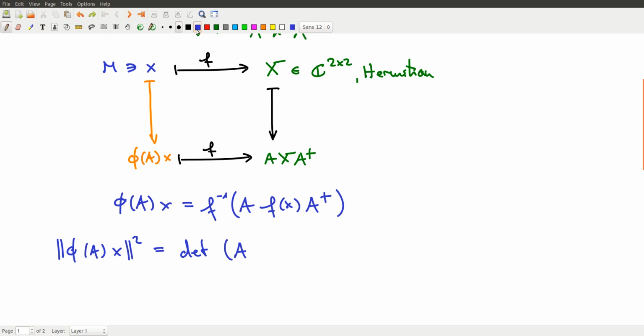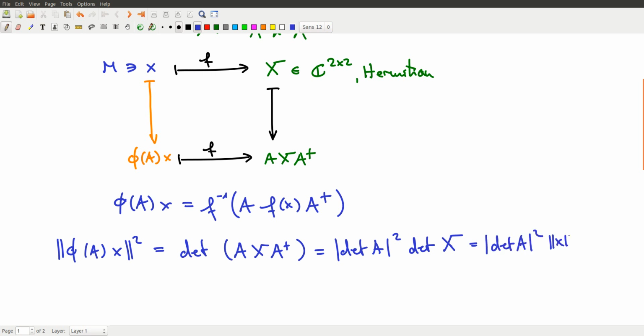So it's the determinant of A X A dagger, and that's just the determinant of A mod squared times the determinant of X, and the determinant of X was just the norm squared of little x. So in general it's not a Lorentz transformation because of this factor here, but if we make sure that this factor is 1, then we have a Lorentz transformation.